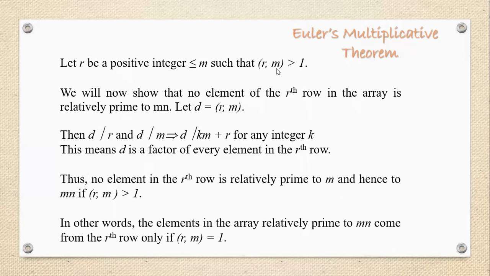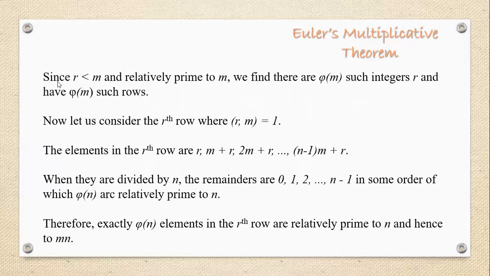Let r be a positive integer such that GCD of r and m is greater than 1. Like that I am assuming, so that assumption is wrong here. When is it possible? When it is relatively prime, the rth row elements must have GCD 1. Then only it is applicable.